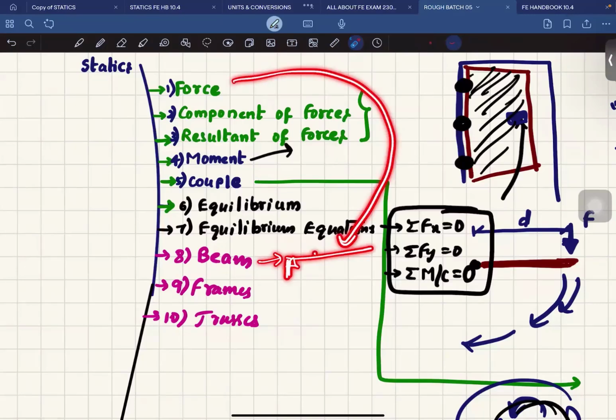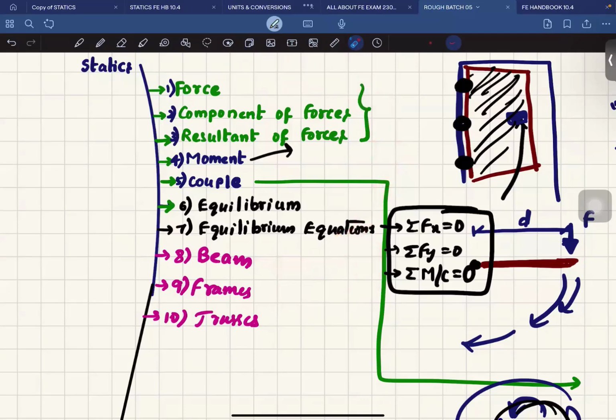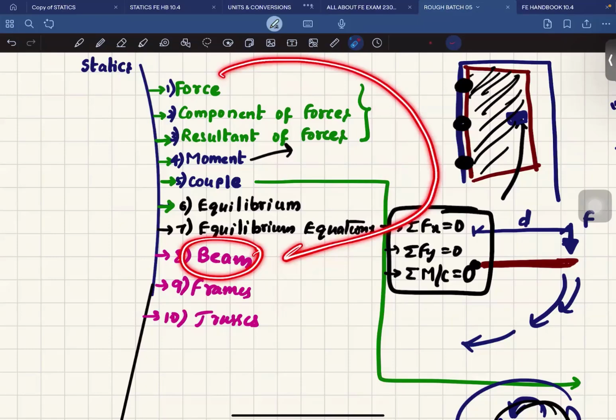And beams rest on supports like pillars or abutments and so on. On the supports, because of these loads, reactions are developed, and reactions are again forces. So you can see the link from here. Beams are again a combination of forces.